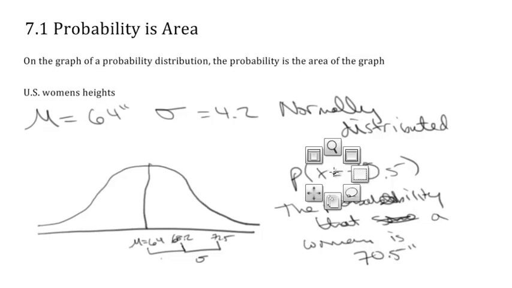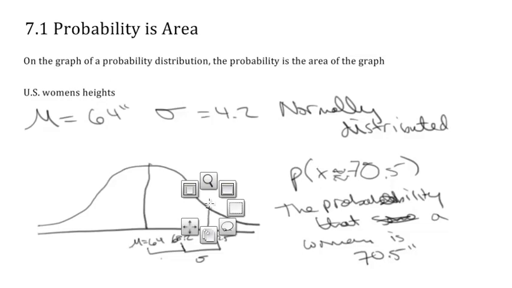And that's not going to be exactly equal to, that's going to be approximately equal to, because here's 70.5, and do I mean that, or would I allow this woman to be maybe a couple of millimeters shorter or a couple of millimeters taller? I would, and I would still call that 70.5 inches tall. So there's this little window around this. I'm going to exaggerate it and make the window just a little bit bigger than just a couple of millimeters.